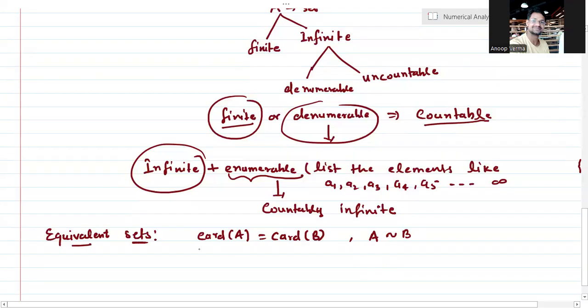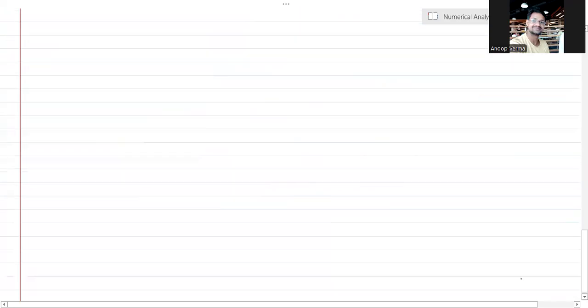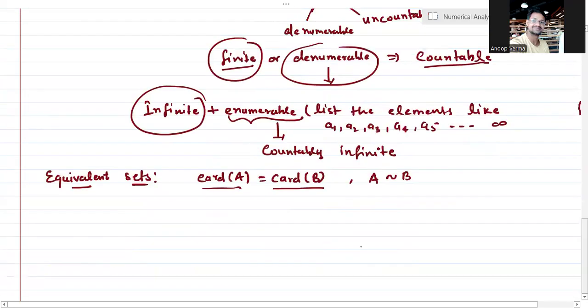We are saying only that the cardinality of set A is equal to the cardinality of set B. Okay. And we can also define the equivalency of two sets like this.